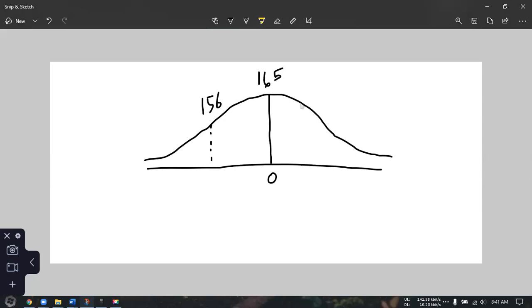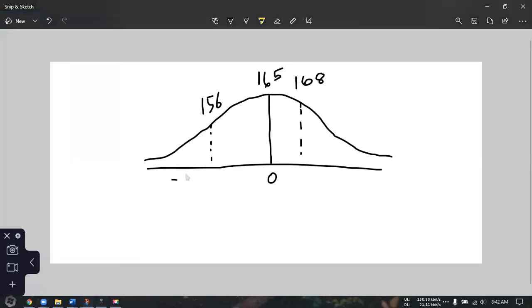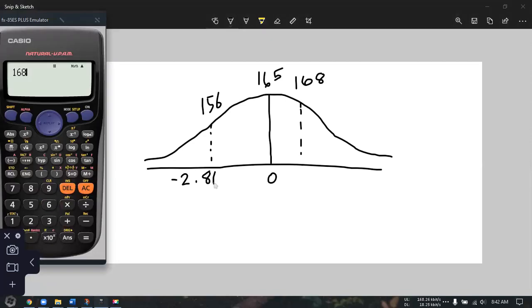And here is the 168. And the z-scores: 156 minus our mean, divided by the standard deviation, is negative 0.81. 168 minus 165 is 3, divided by 3.2, we have a positive 0.92.